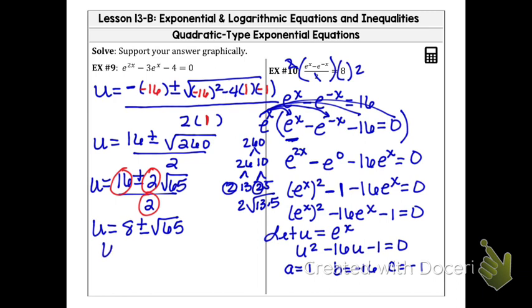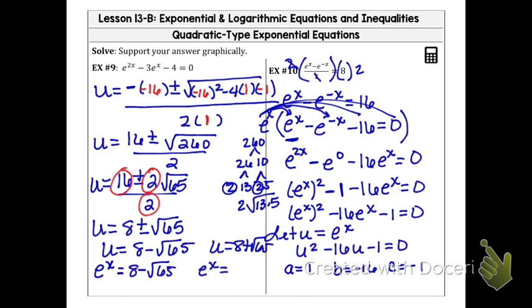So I know that u is equal to 8 minus the square root of 65, and u is equal to 8 plus the square root of 65. But remember, we're not solving for u, we're solving for x, and we said u was equal to e to the x. So e to the x equals 8 minus square root of 65, and e to the x equals 8 plus the square root of 65.